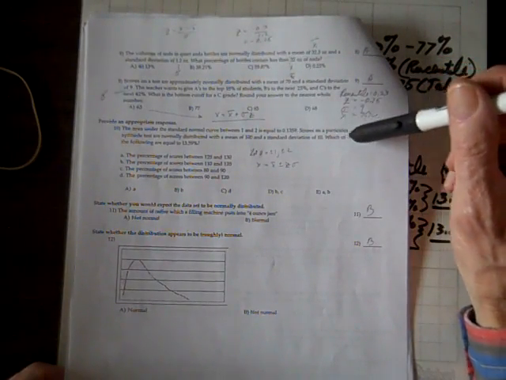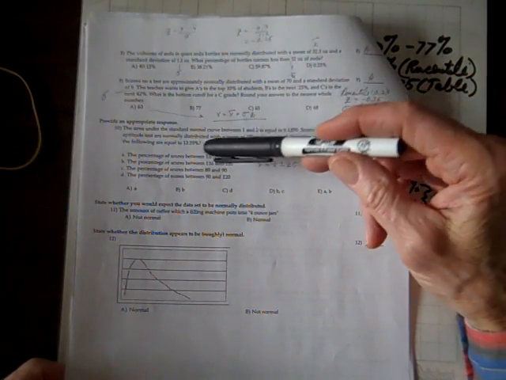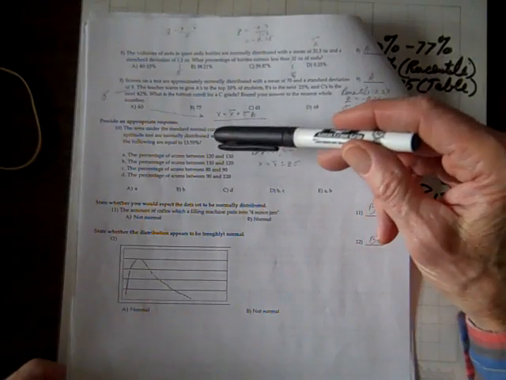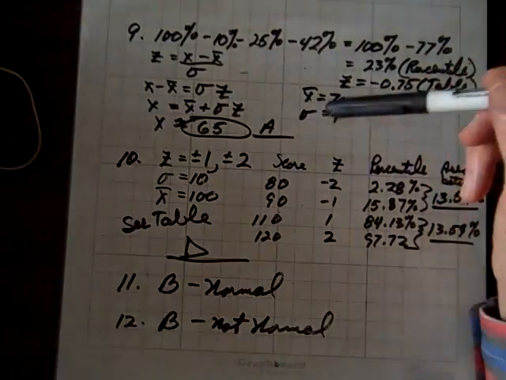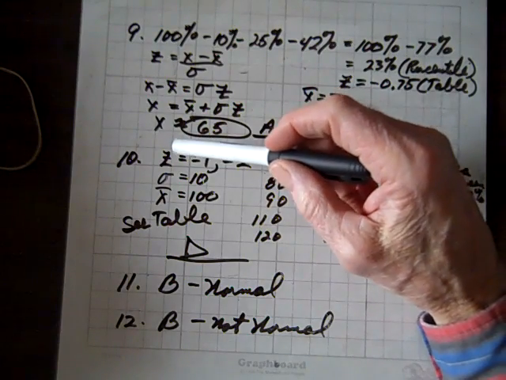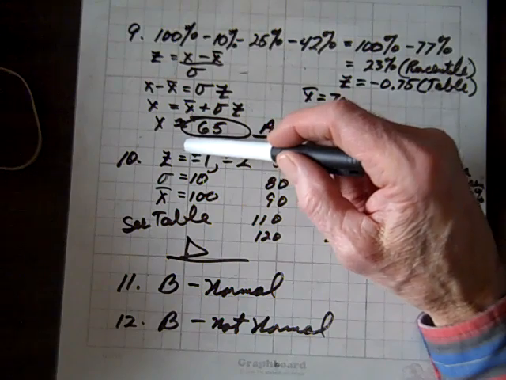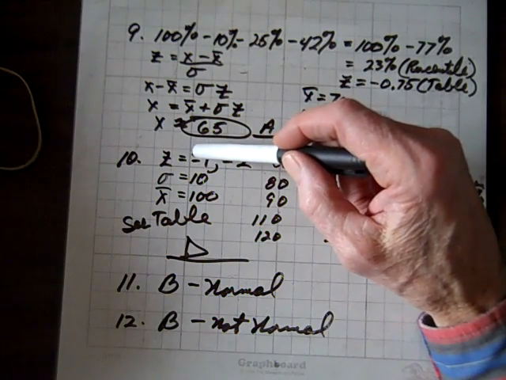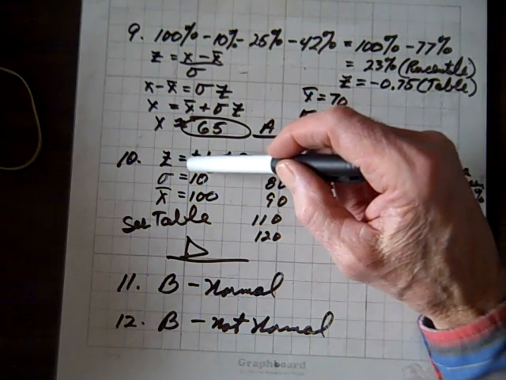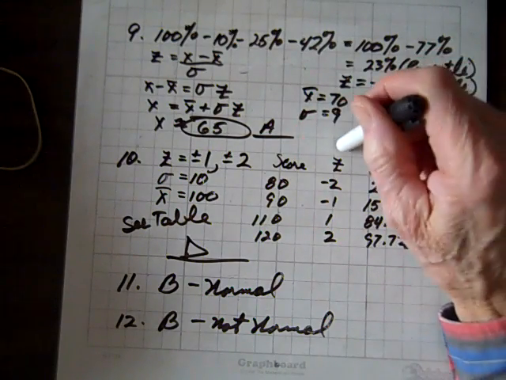And the question is, which of the following are equal to 13.59%? So that's a percentile. So here's what we're going to do. What we were given, that 1 and 2 are z-scores. So 1 standard deviation above or below, 2 standard deviations above or below.